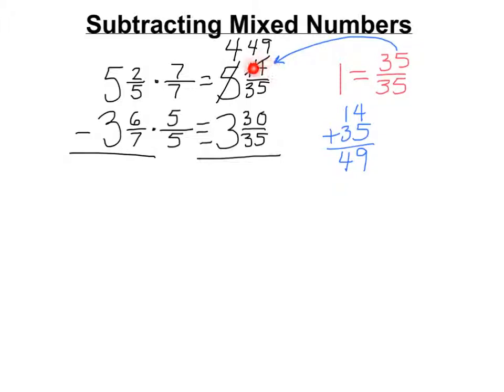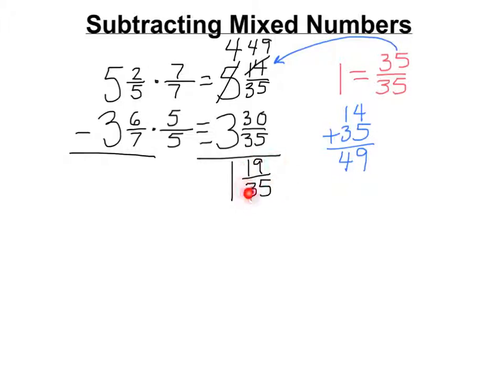So the 14 that was there originally, plus the 1, which is really 35 35ths, became 49 35ths. Now we're ready to subtract. 49 minus 30 is 19, and these are still 35ths. And now we subtract the whole numbers. 4 minus 3 is 1.